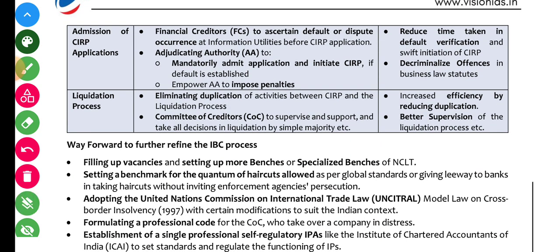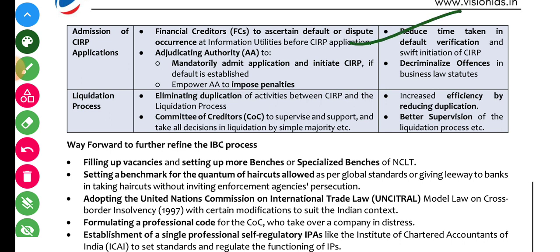The next area is admission of CIRP application. Financial creditors to ascertain default or dispute occurrence, and the adjudicating authority to mandatorily admit the application and initiate CIRP if default is established. Empower the adjudicating authority to impose penalties.